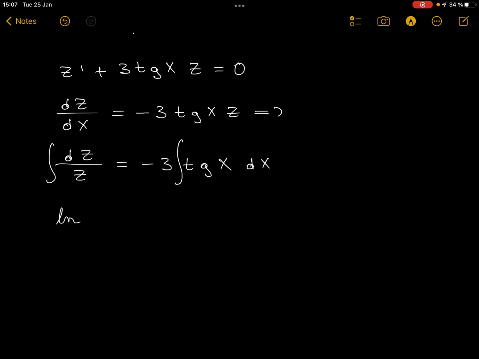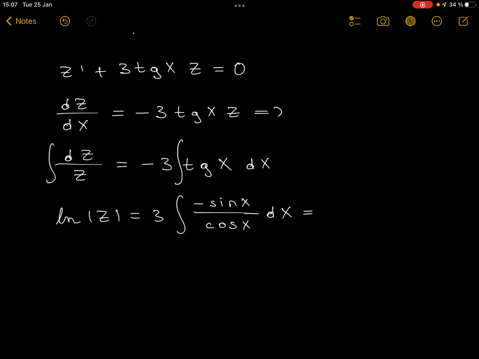Now we can integrate both sides. As for the first side, we'll get ln of z is equal to 3 times the integral. Tangent x can be rewritten as sine x over cosine x, and I'll just put the minus inside the integral sign, dx.